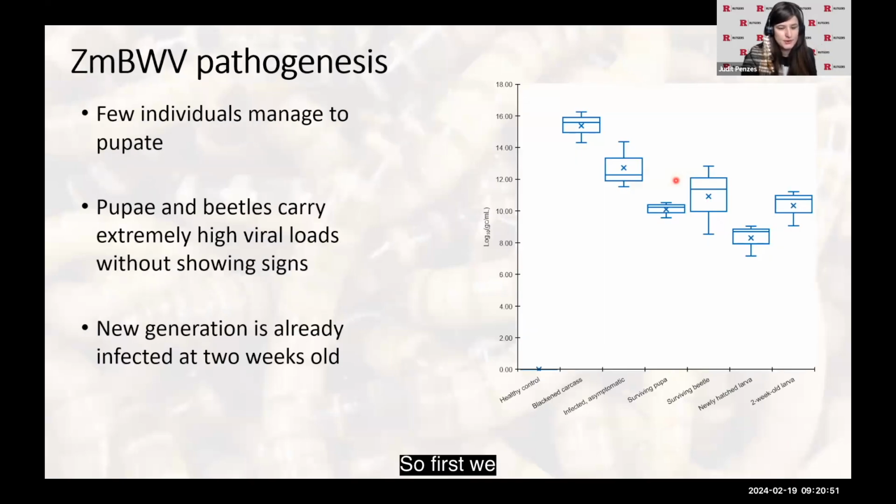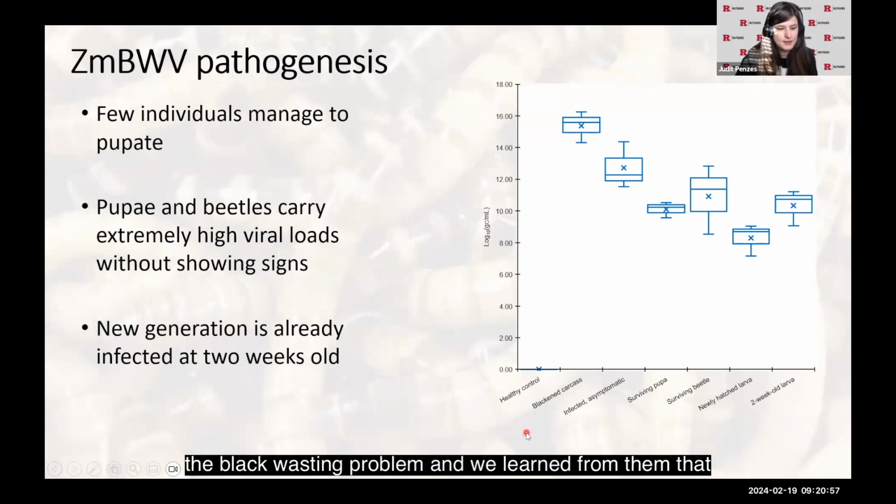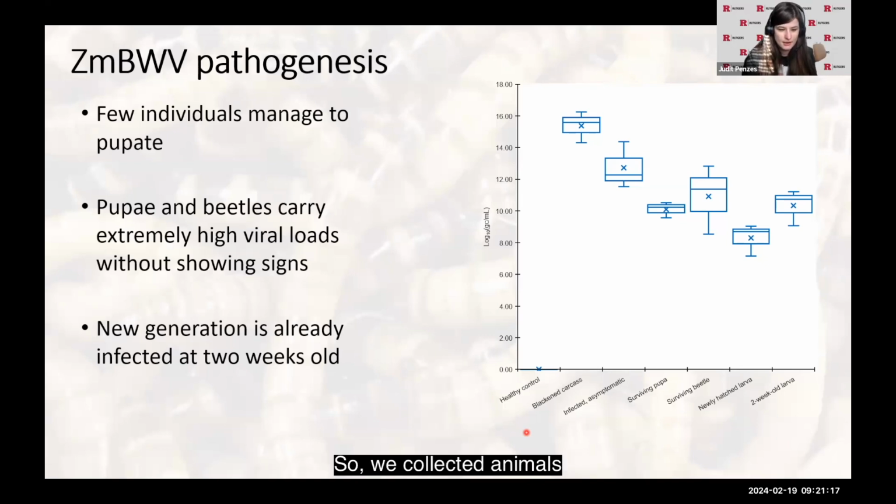So first we contacted farms that had the black wasting problem, and we learned from them that although there is an over 90% mortality, there are some superworms that do survive this and manage to pupate, turn into beetles, and complete their life cycle by reproducing.